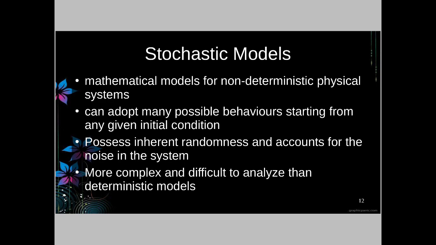Unfortunately for us, although if we consider biological systems, stochastic models are really a good way to model them because biological systems are quite random, they are very complex, and they have a lot of noise. However, the problem with this type of model is that they are very complex and difficult to analyze.